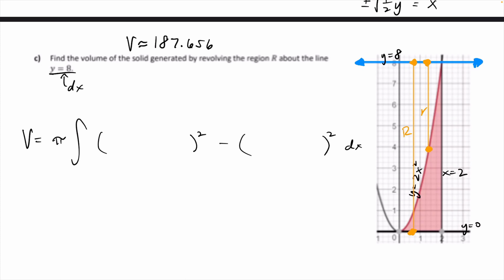So big R is 8 to 0, 8 minus 0, which is 8 squared, which is 64. Little r is still 8, but it's minus the function, right? And I can use the y equals version because it's with respect to x. So it's going to be 8 minus 2x squared.